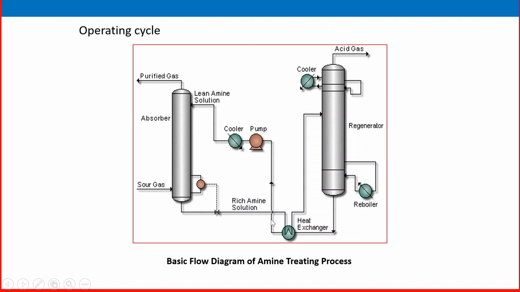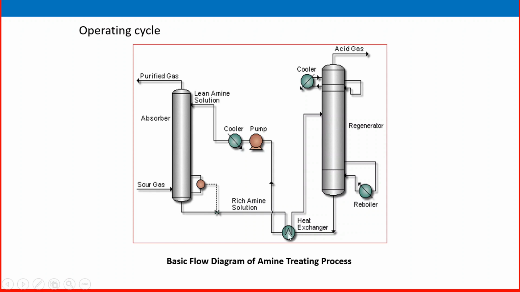Then this is heated, and this area we call the regeneration process. What is happening in the regeneration process? The H2S and amine are here, and the boiling points of H2S and amine are different.